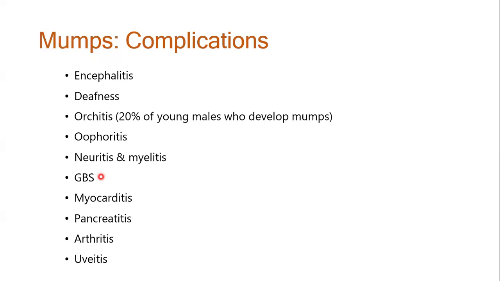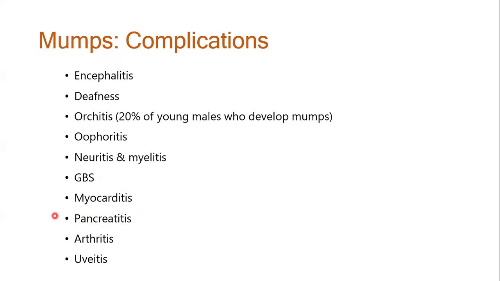So the patient will tell you, I cannot feel my legs, I cannot move my legs from the toes as it comes up bilaterally. On day 1, maybe they can't wiggle their toes. Day 2, they can't move their ankle. Day 3, they can't move their knee. So that's what we call GBS, which can be a complication of mumps. Myocarditis, so inflammation of the myocardium, this is a layer of the heart.